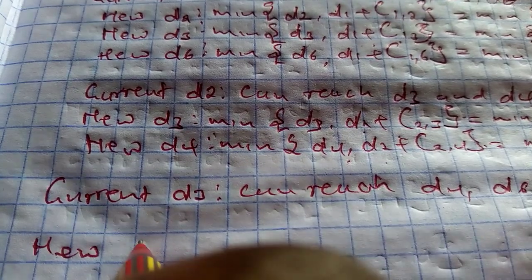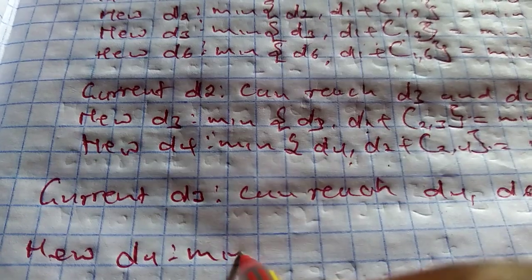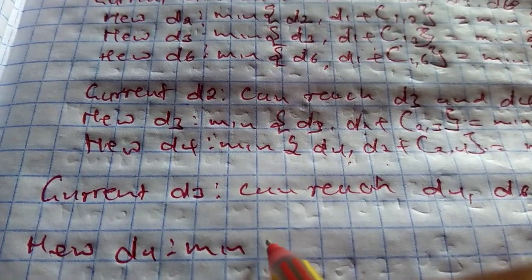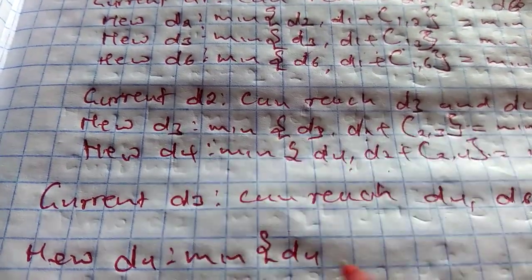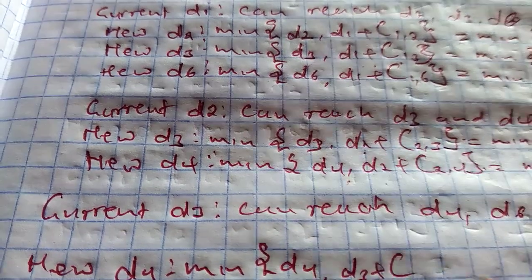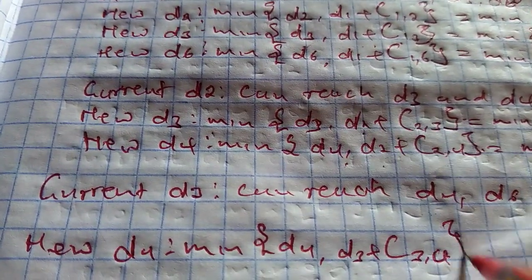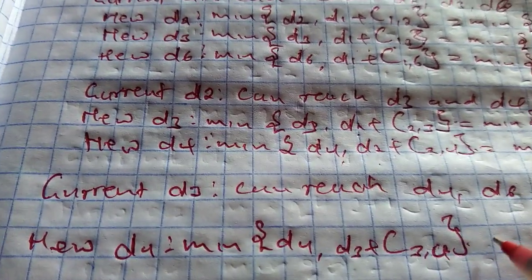So we need new d4, which is just the minimum between d4 and d3 plus c3,4. That is the weight.